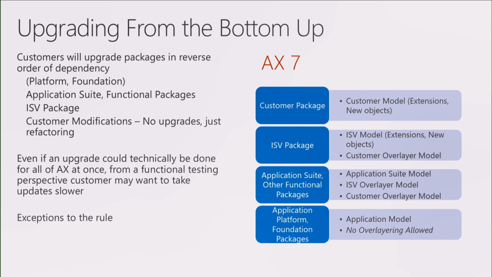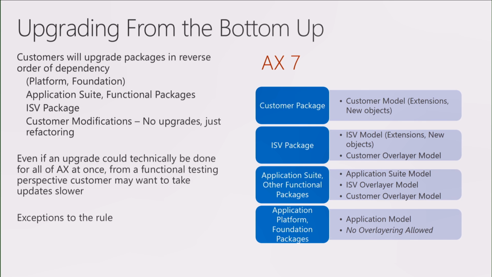Of course, there's always exceptions to every rule, and there's times that I'm going to want to upgrade an ISV solution, because they came out with a hot fix or new feature that I want to uptake. The bottom line there is it's a bit of a mixed bag whenever you're dealing with dependencies below a package, whether it's overlayering or extensions, there can always be dependencies in a lower package that don't exist.